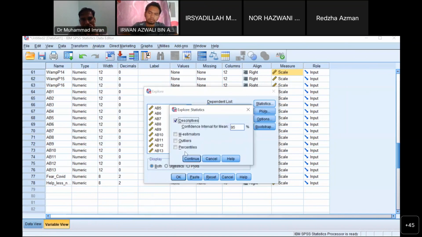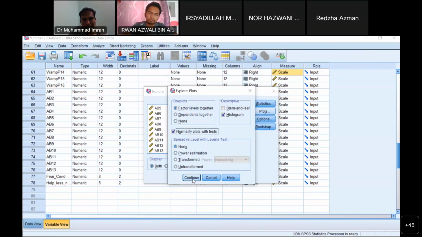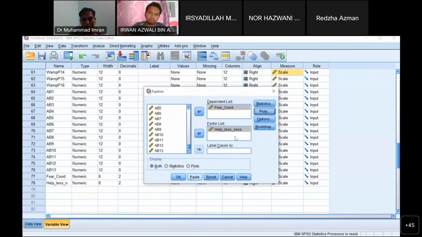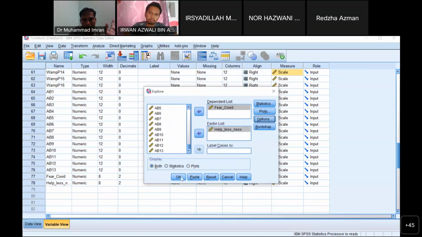Statistics: what you are looking for, percentiles, estimates, descriptive 95%, this is the acceptance level. Plots: histogram, leave this, normality plots. Okay, continue. Options, let me check options. Pairwise, no, simple. Okay, that's done.